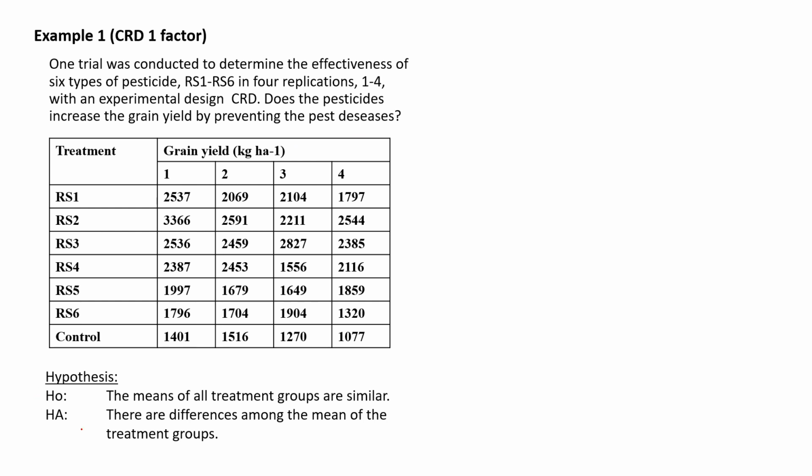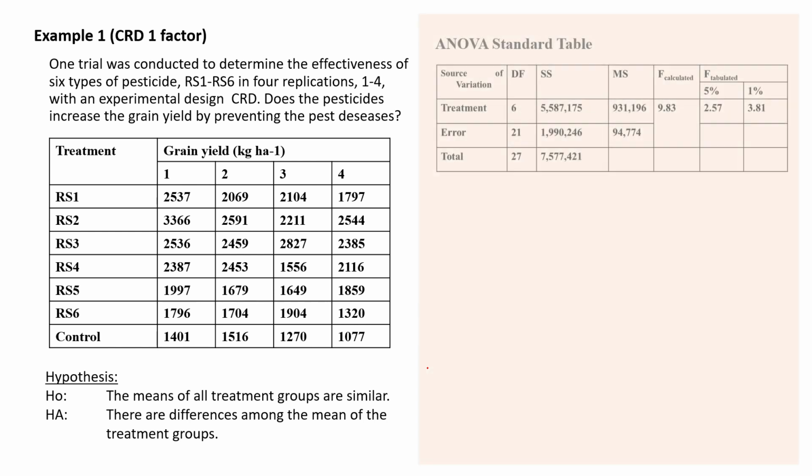So the hypothesis is: H null, the null hypothesis, is that the means of all treatment groups are similar. And the alternative hypothesis claims that there are differences among the means of the treatment groups. If you refer back to the calculation that we have done in our ANOVA test, we have obtained this ANOVA standard table where we calculated the 5% and 1% significance levels with F calculated.